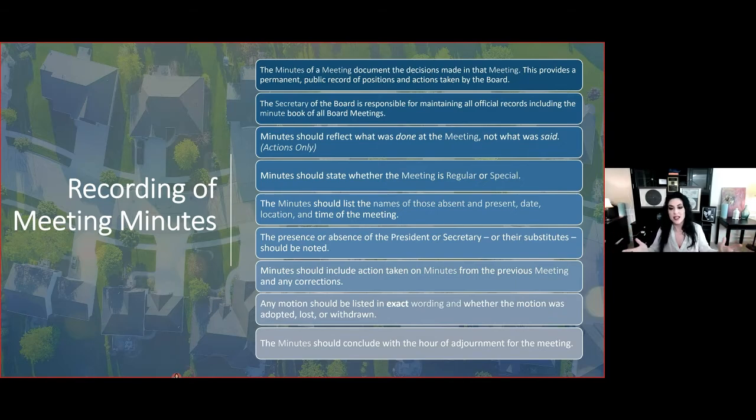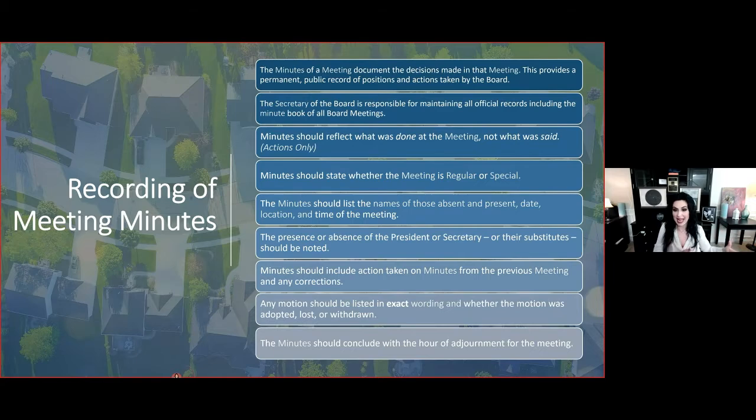So there are ways that you can go about putting out the description. You just need to make sure that the association knows that it's not actual official record until it's approved at the next meeting. And if I said anything that confused you there, which I think I could have, I apologize. Hopefully this slide will clear it all up for you.